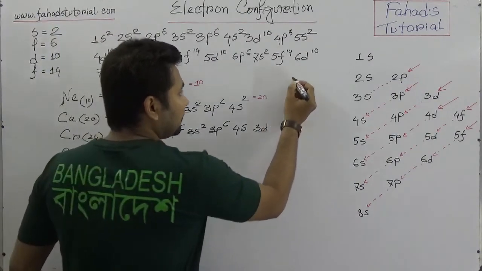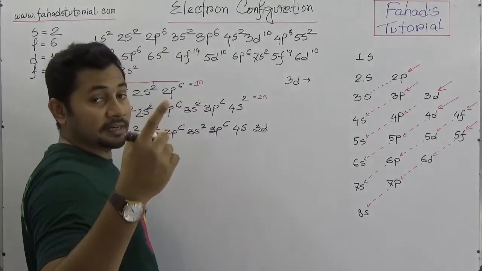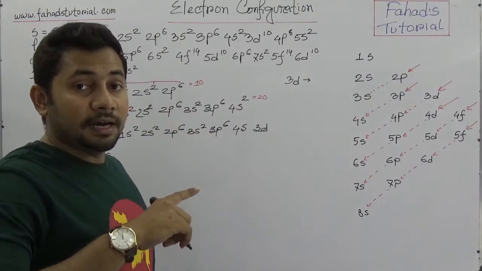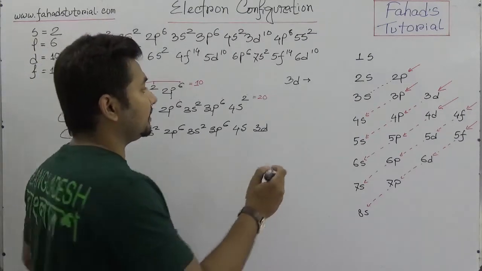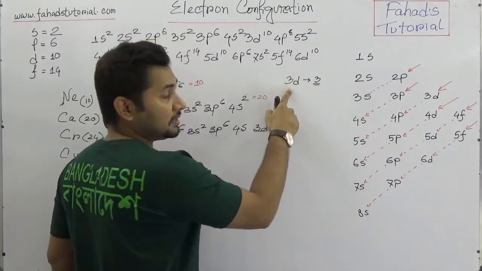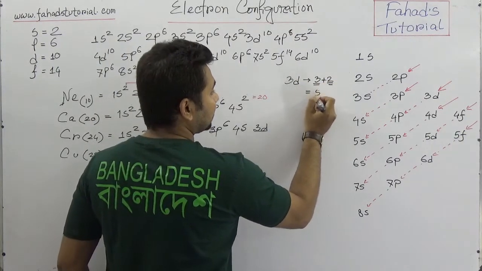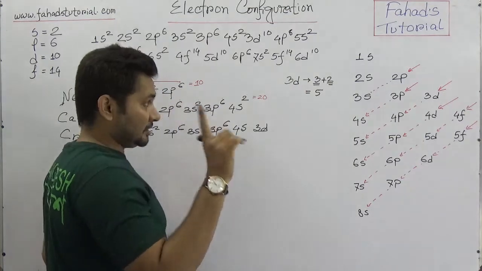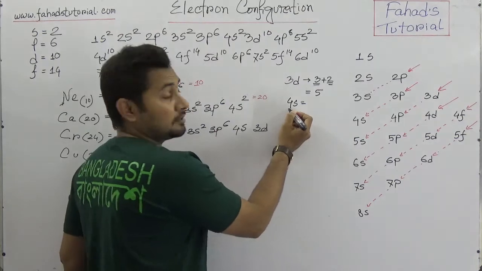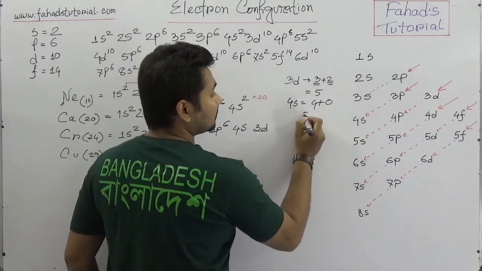In the case of 3d, I'll explain it in a later class, the principal quantum number and the additional quantum number are added together. In 3d, the principal quantum number is 3, and for d, the additional quantum number is 2, so together it's 5. For 4s, the principal quantum number is 4, and for s it's 0, so here it is 4.